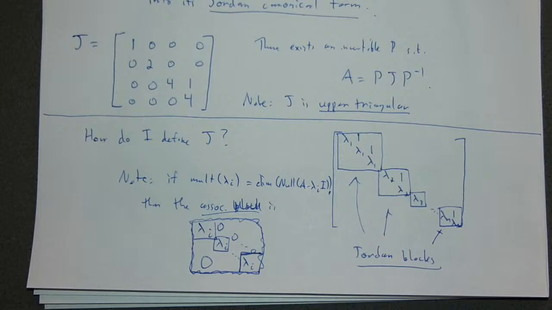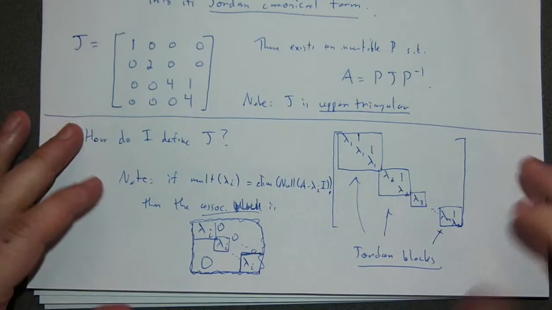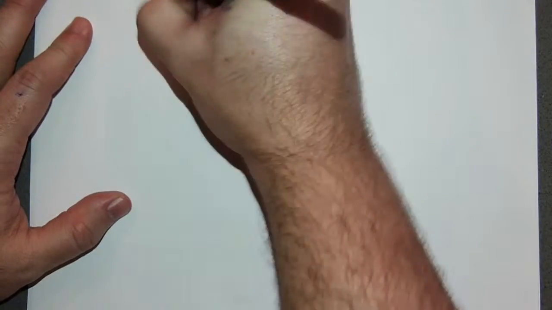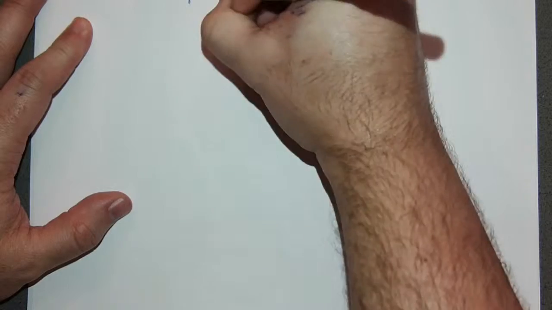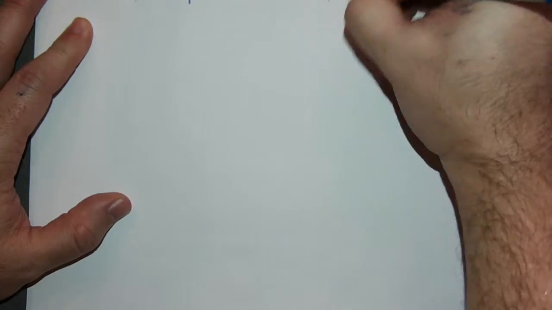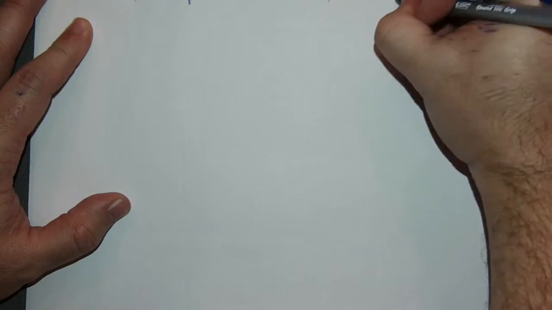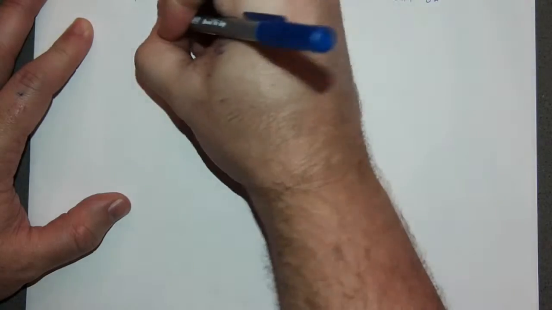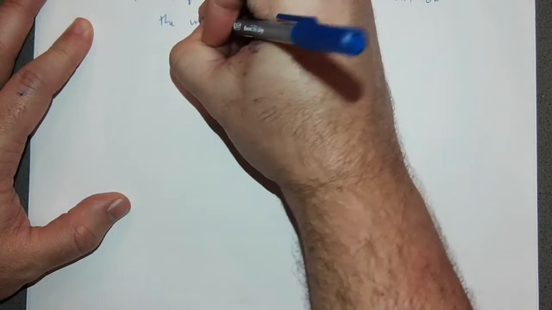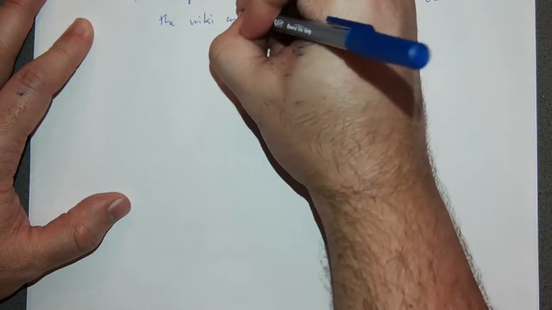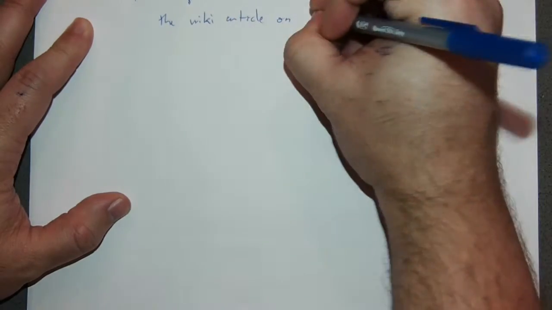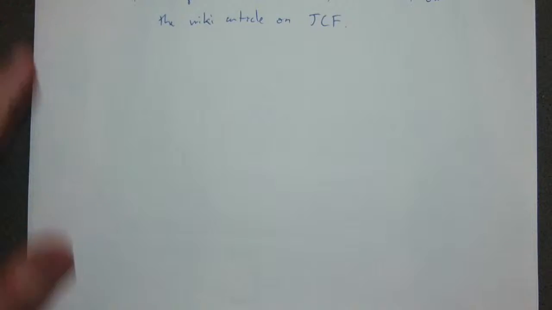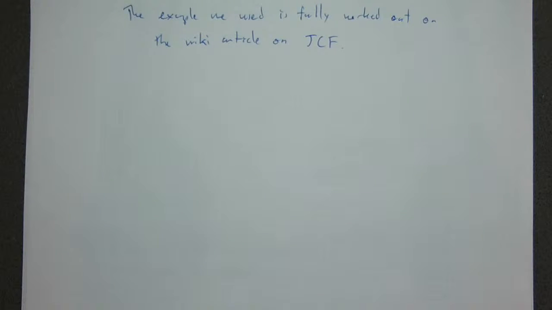This example is actually fully worked out on Wikipedia. The example we used is fully worked out on the Wikipedia article for Jordan canonical form. So if you want to have a look at those computations, you can.